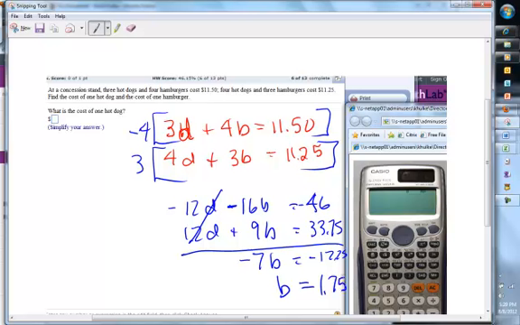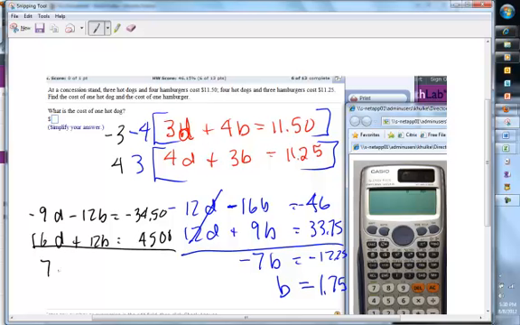We want to know how much a dog costs. We can go back here to the beginning, and this time multiply the top equation by negative 3 and the bottom equation by positive 4, and we get negative 9D minus 12B equals 11.50 times 3 is negative 34.50, and 16D plus 12B is 4 times 11.25, which is $45.